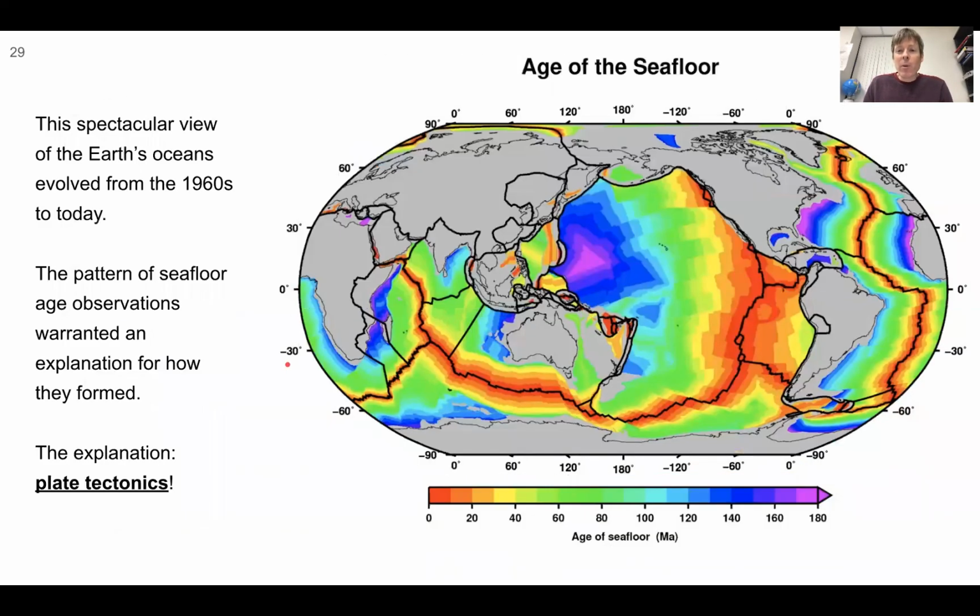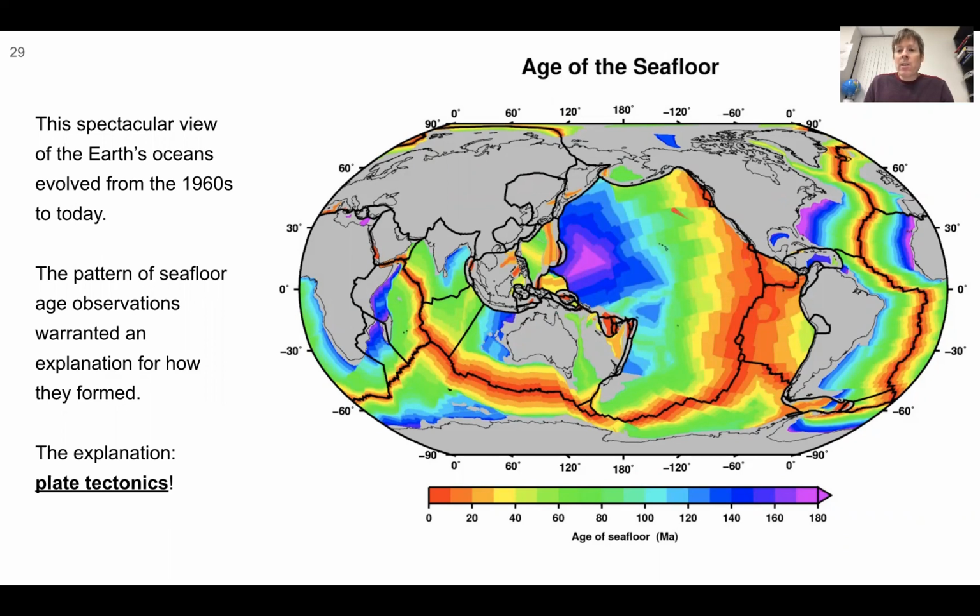So back to the seafloor, which is kind of a key piece in the history of plate tectonics. This spectacular view of the Earth's oceans evolved from the 1960s to today as people collected and analyzed rocks and materials from the seafloor and made measurements of magnetism of these materials. The pattern of seafloor age shown here, observations, warranted an explanation for how they formed, and that explanation was plate tectonics.